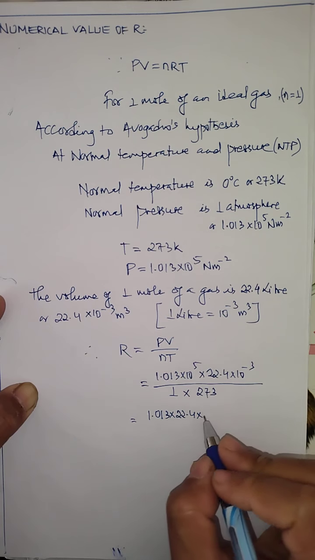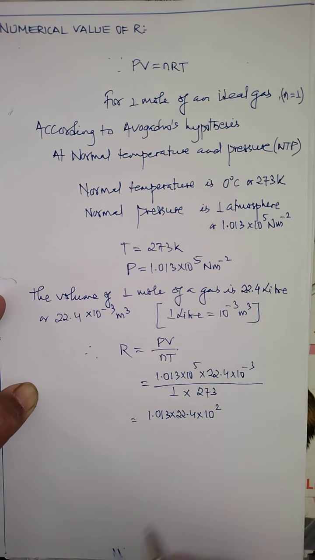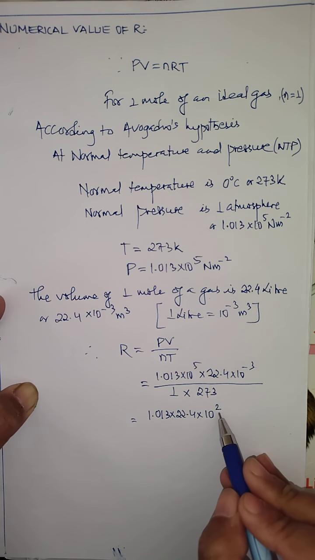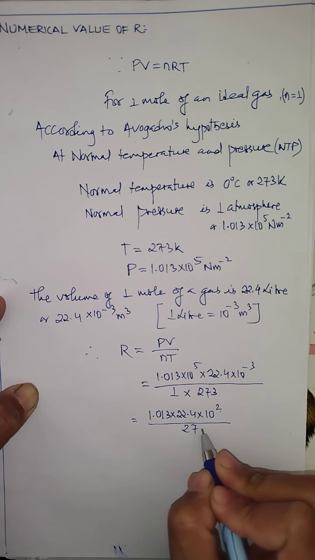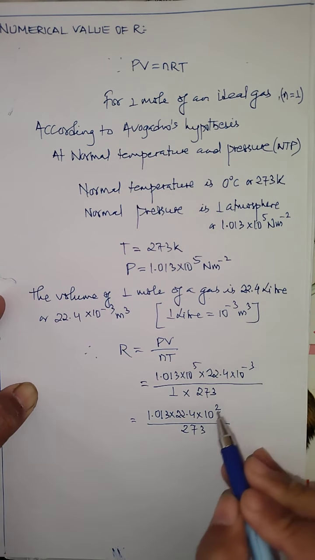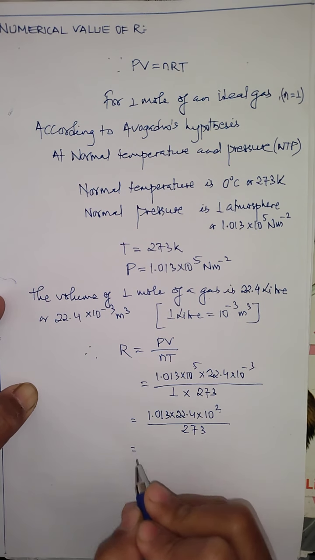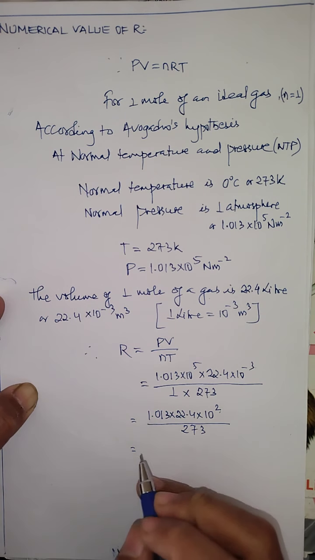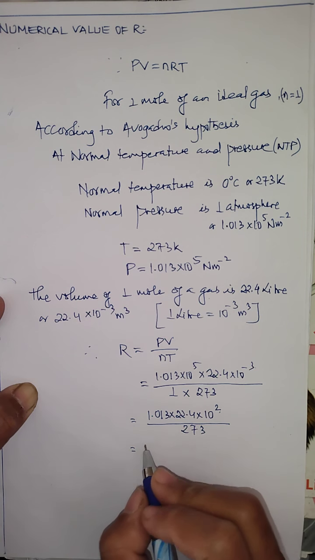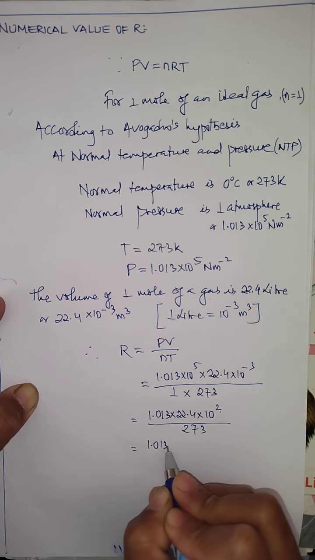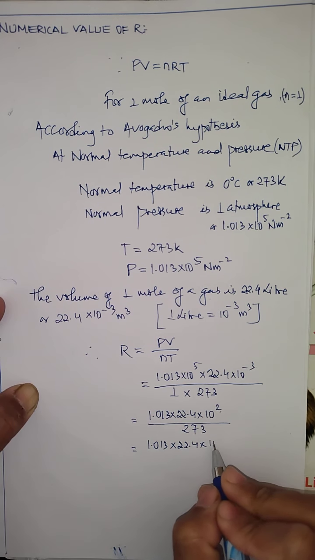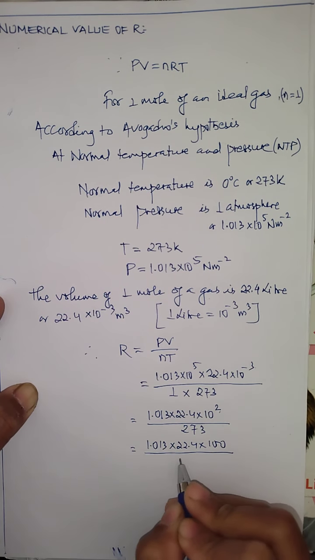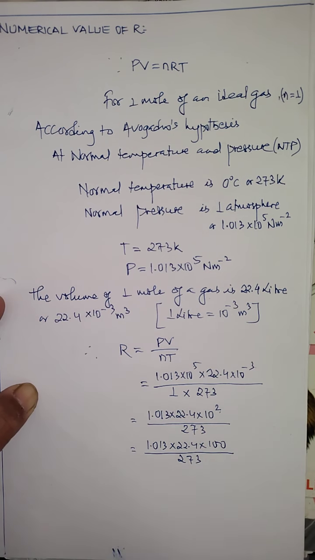If I subtract, 5 minus 3 means 10 to the power 2, which is 100, divided by 273.